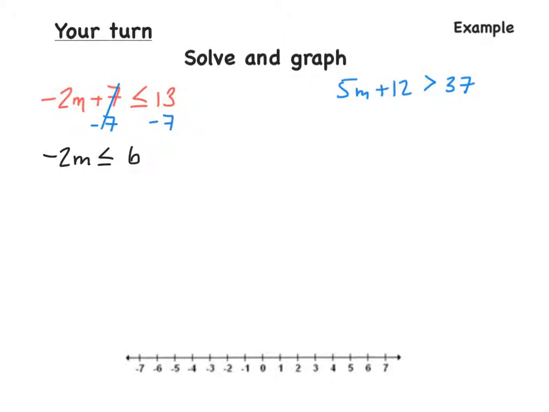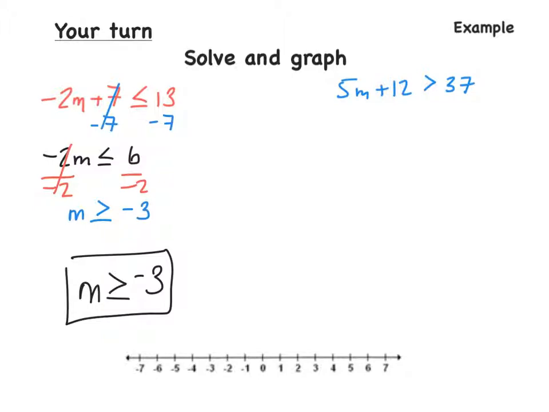Now we're going to divide by negative 2 on both sides. When we divide by a negative, remember we flip the sign. So 6 divided by negative 2 is negative 3. So now we have one inequality, where it's m is less than or equal to negative 3.